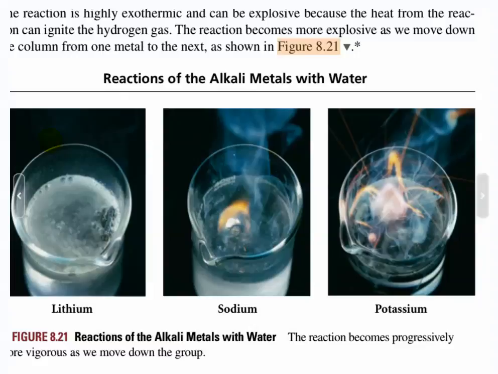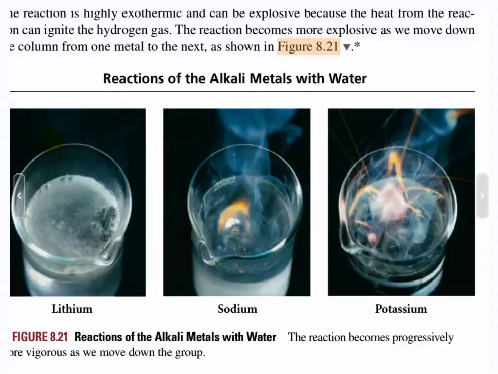So here's the big question then, based on all the stuff we've talked about and that reaction I just showed you. Why do these reactions become more and more violent as we move down the periodic table? It's easier to pull the electrons away. Right, it's easier to pull that electron away as you get lower down.